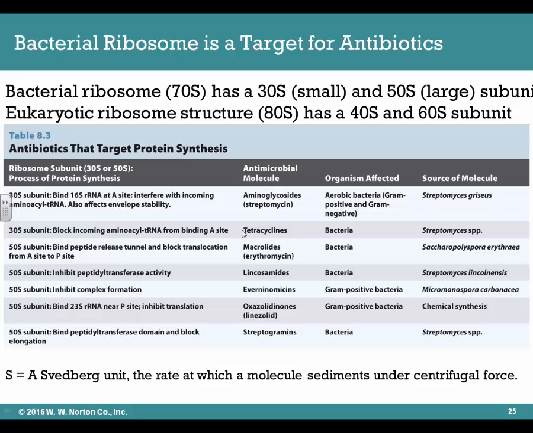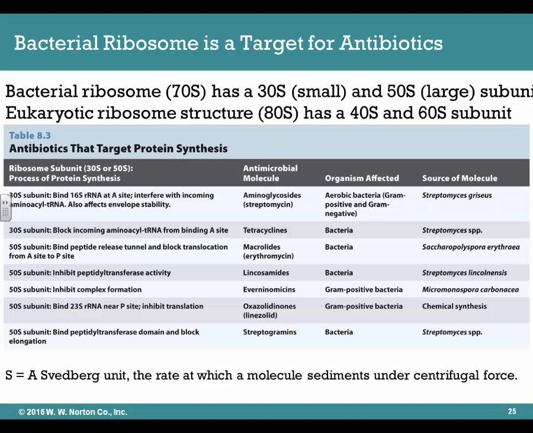Then tetracyclines also similarly block the 30S subunit, but their binding site is a little bit different, even though they're blocking the same step of the aminoacyl tRNA coming in.